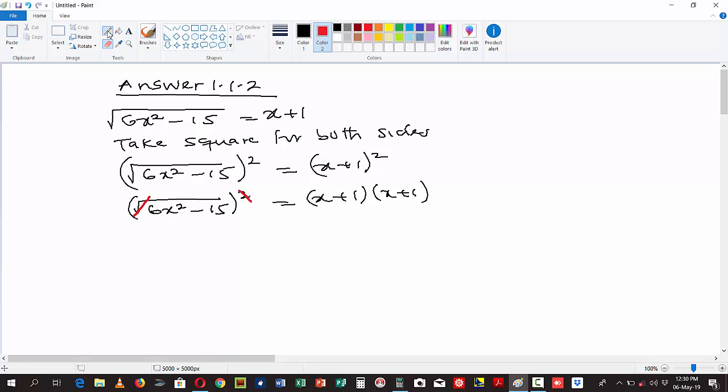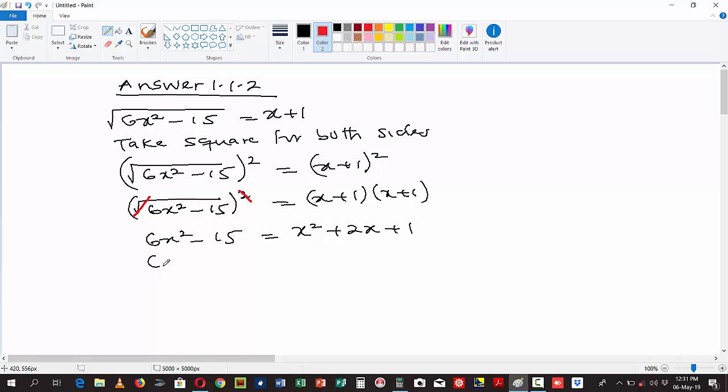So we are going to be left with 6x squared minus 15 equal to x squared plus 2x plus 1. Because when we expand x plus 1 into x plus 1, it's going to give us x squared plus 2x plus 1. So let us now arrange everything to this side.